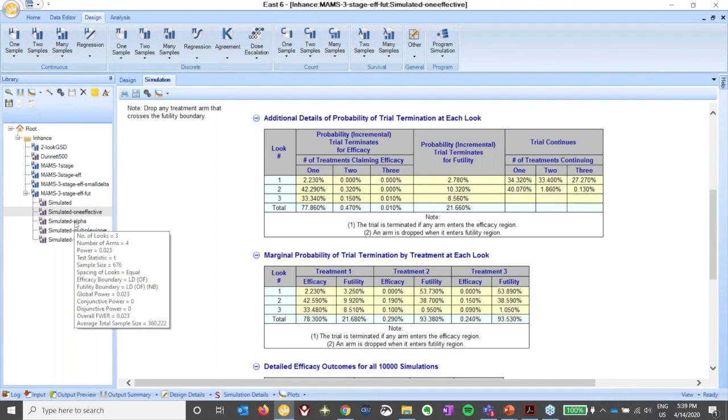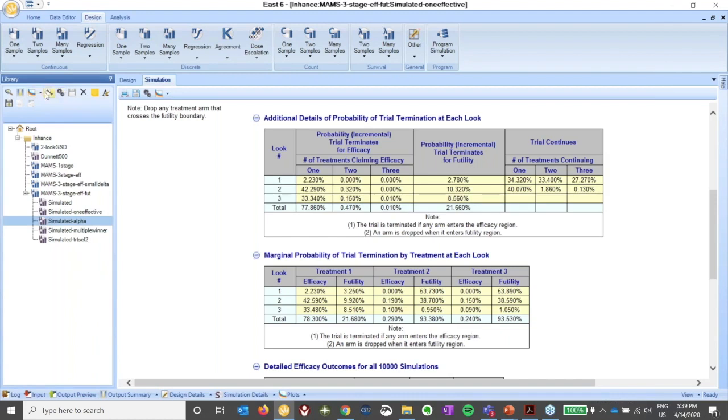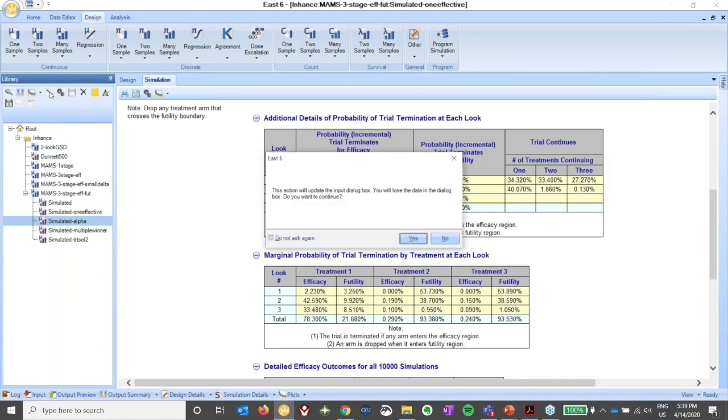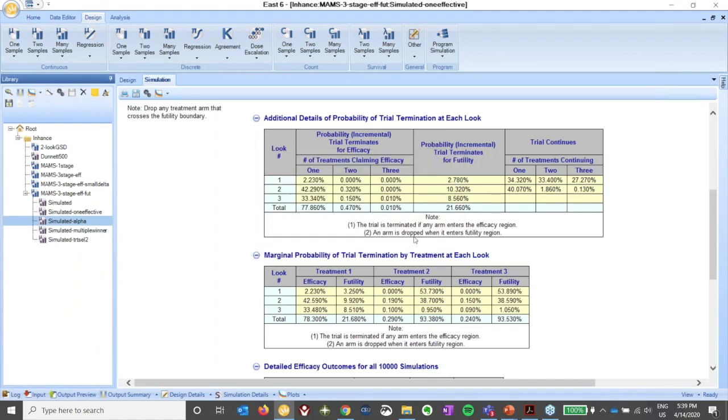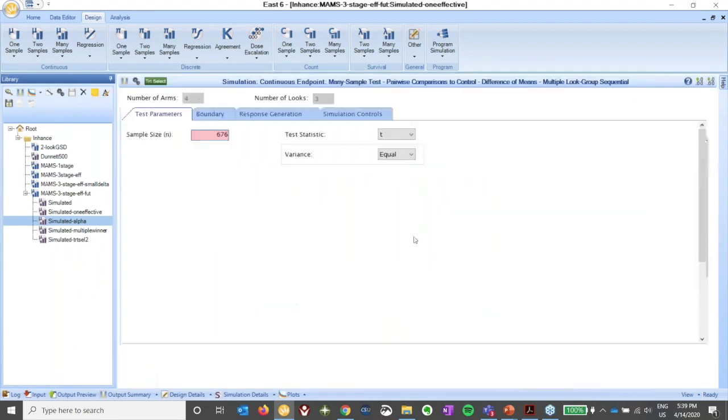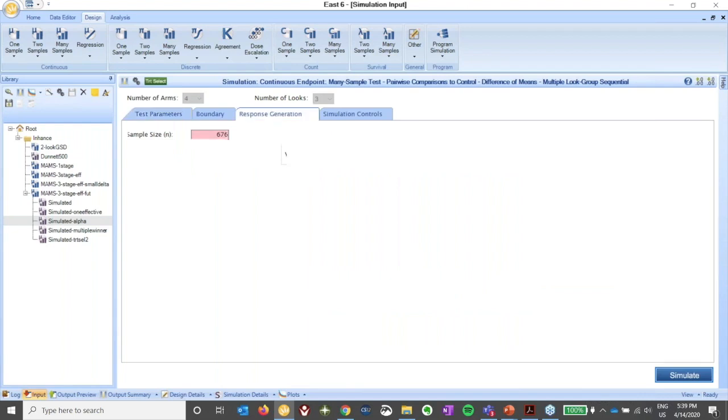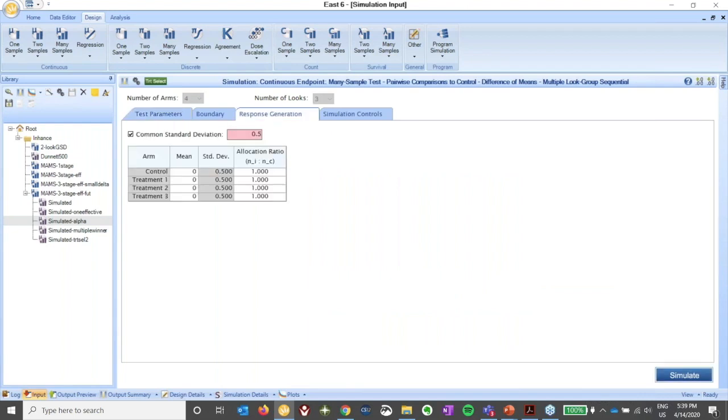The simulation-based capabilities of EAST also allow you to validate and check that your type 1 error is being preserved. Because one of the types of simulations you can run is a simulation under the global null. So if you assume that all of the deltas are equal to 0, and then you hit the simulate button, this will produce again the achieved power for this scenario.